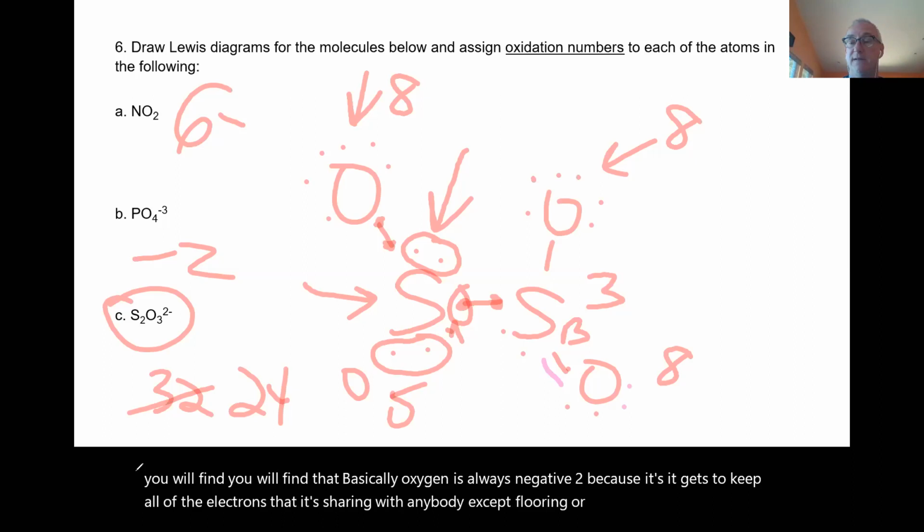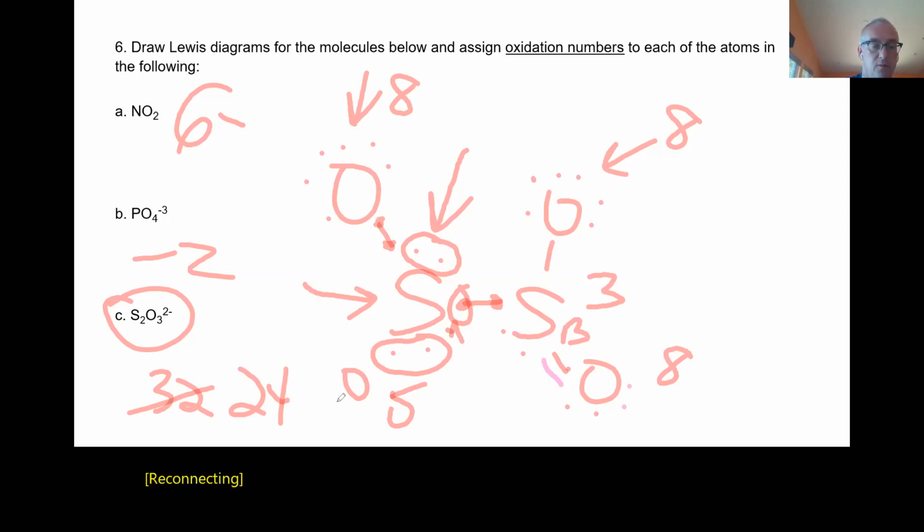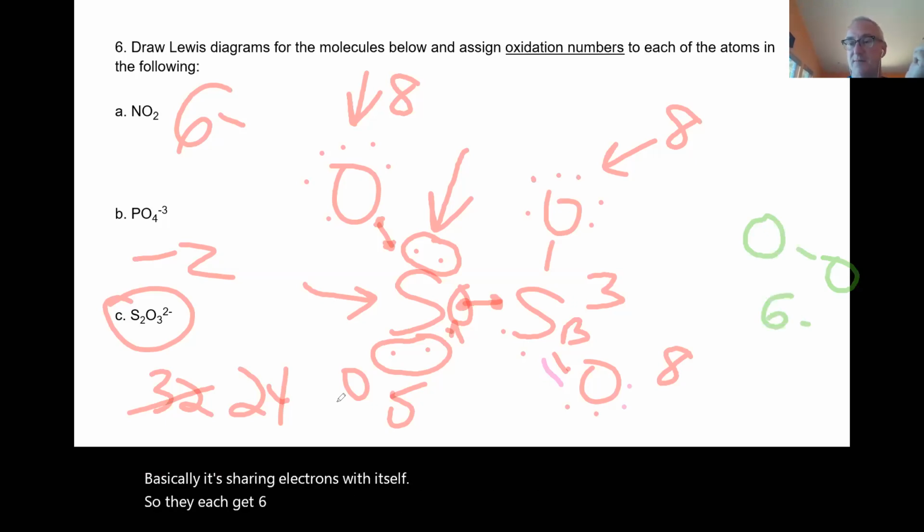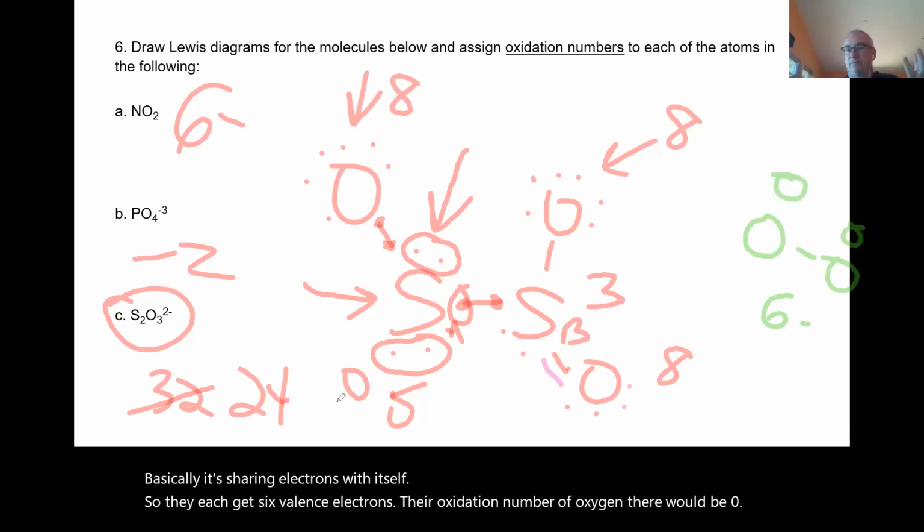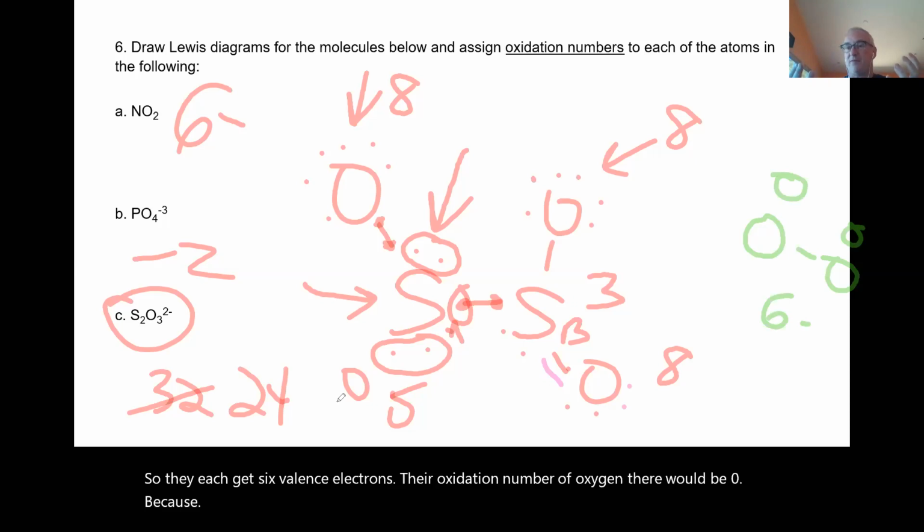So for instance, if it's O2, basically it's sharing electrons with itself. So they each get 6 valence electrons. So the oxidation number of oxygen there would be 0 because they're both sharing the same number of electrons.